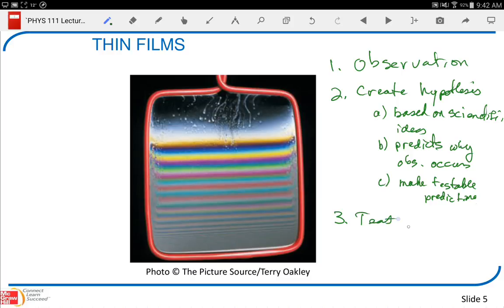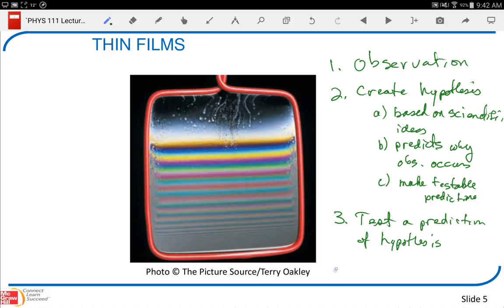Test a prediction of the hypothesis. You do not check to make sure your observation is correct. You're testing a prediction of the hypothesis.